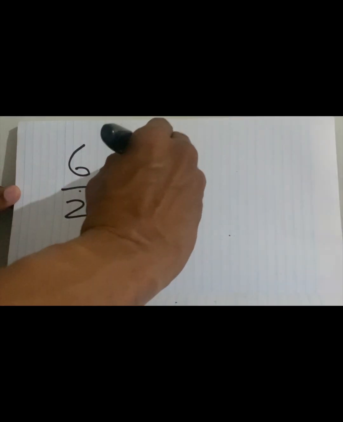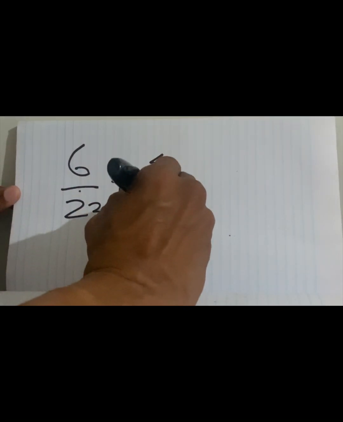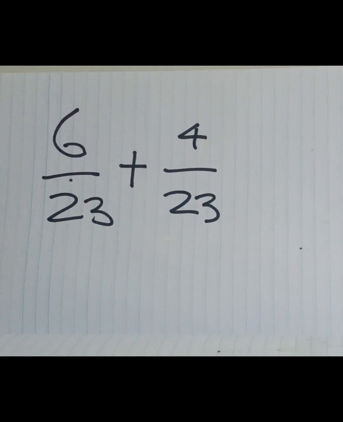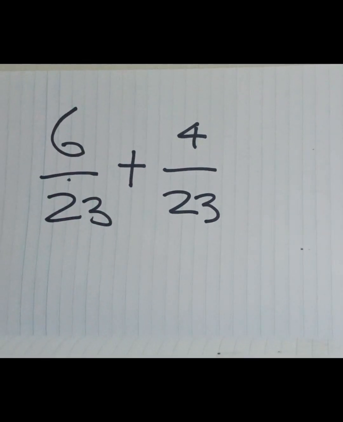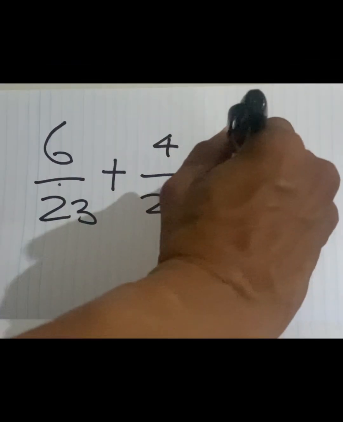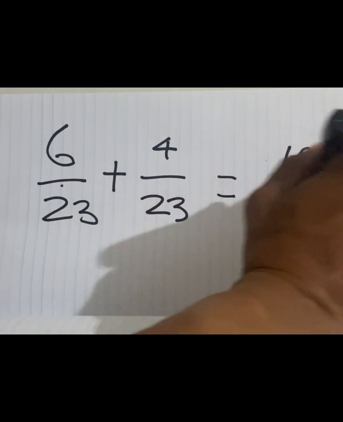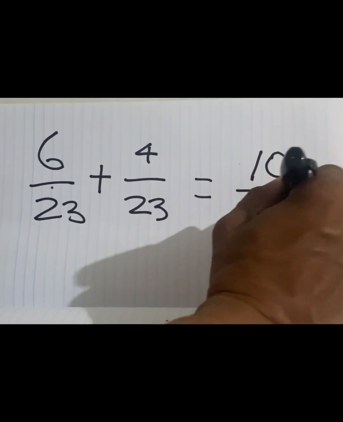We have 6 over 23 plus 4 over 23. Once again, our denominators are the same, and the denominator is 23. So all we do is just add our numerators, which will be 6 plus 4 is 10, and we just put back the denominator.